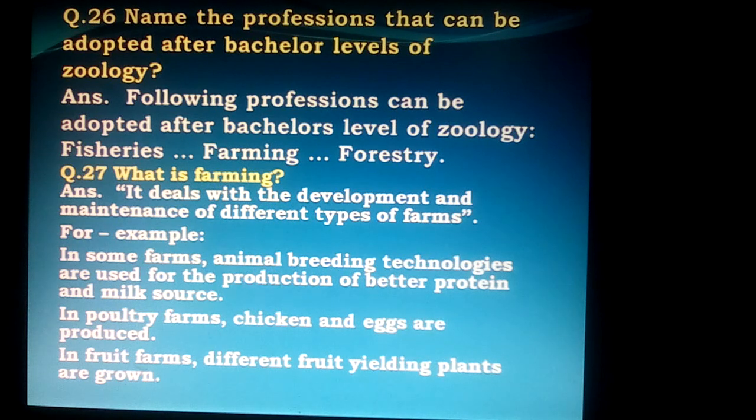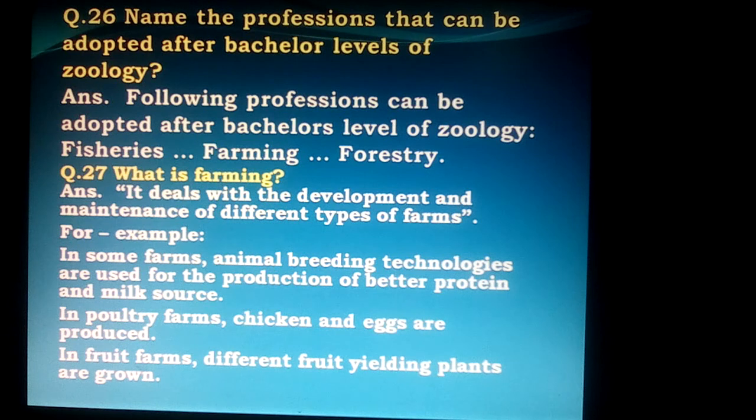Question 27 says, what is farming? It deals with the development and maintenance of different types of farms. Farms are not only agriculture farms. For example, in some farms, animal breeding technologies are used to bring out better offspring, for the production of better protein and milk.